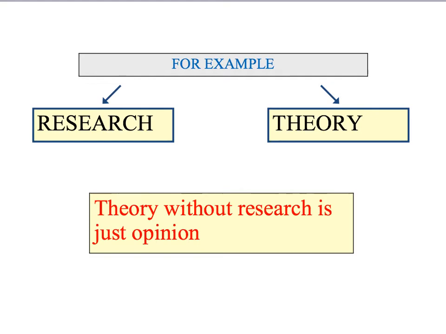But if we just sit back in our armchairs and theorise about the social world, this is also problematic, because theory without research is just opinion. It makes sociology into quite a subjective subject. We need always to try out our theories, to test our theories by doing research.